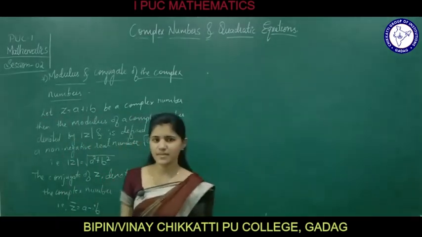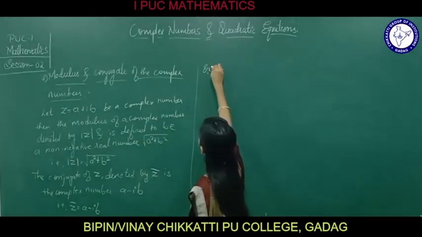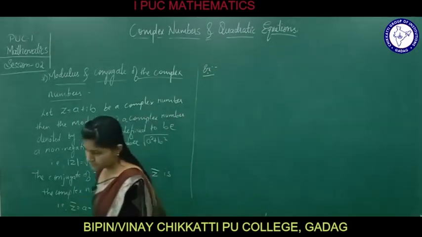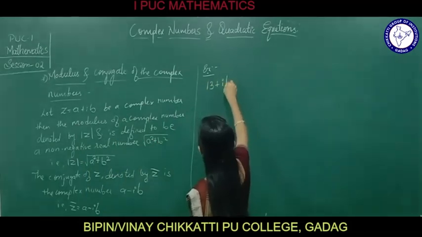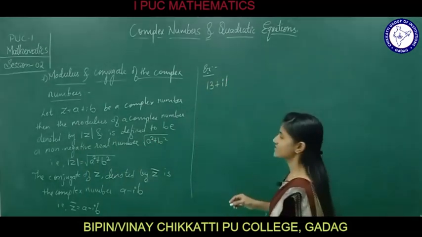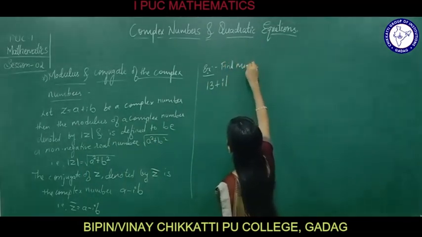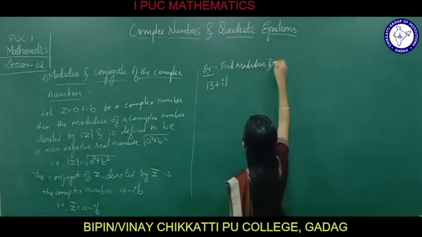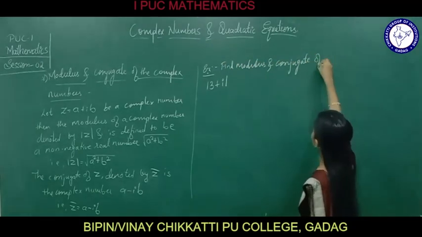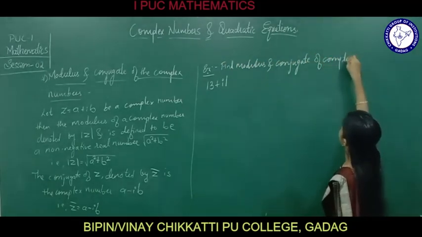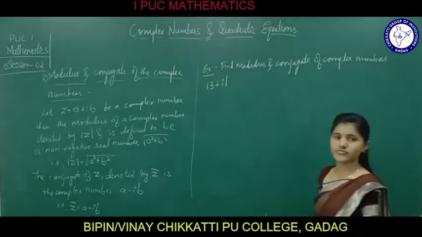Shall we look over a few examples? Let us try with one or two examples, okay? Consider the example: find the modulus and conjugate of complex numbers. Mod of 3 plus i is given.